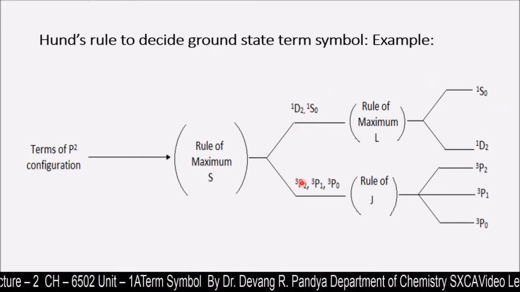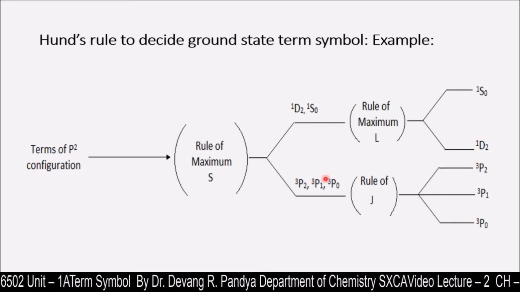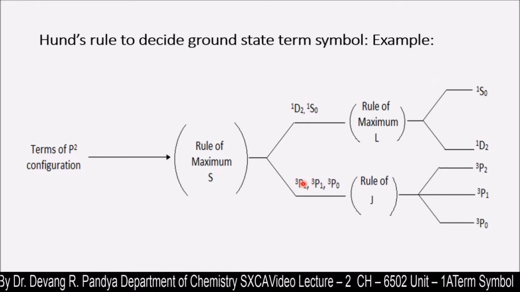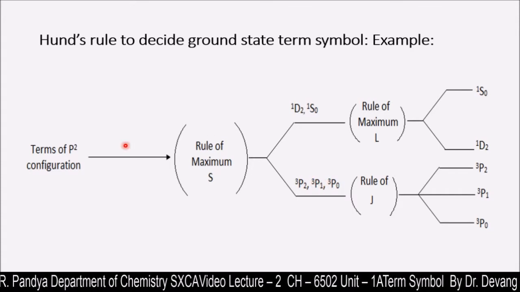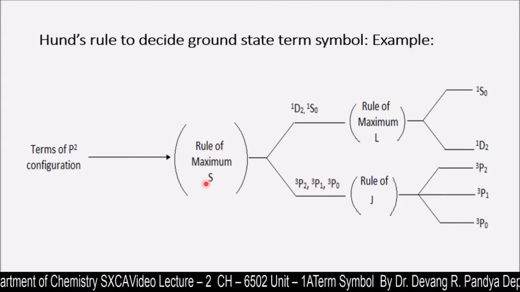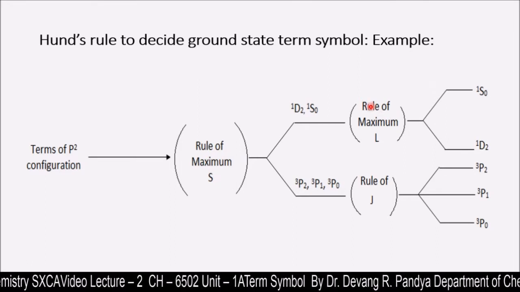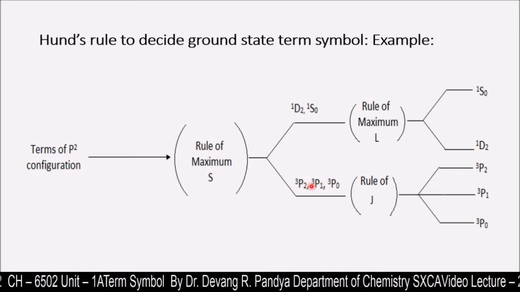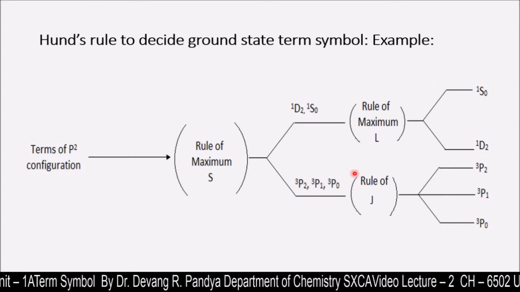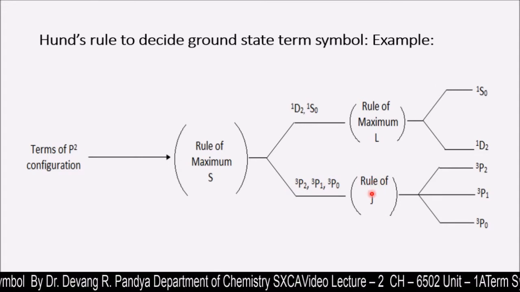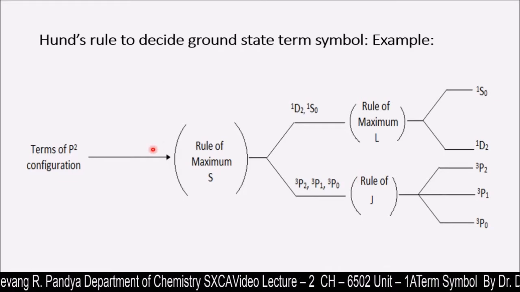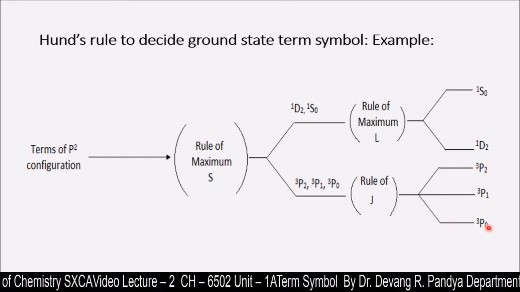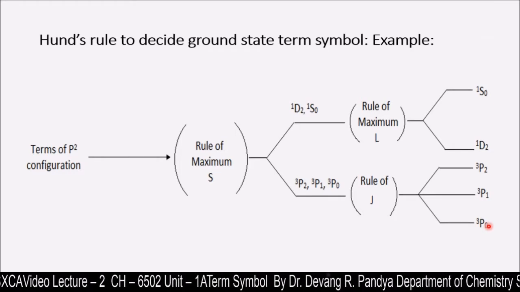Now here you can see spin multiplicities are similar, triplet, triplet, triplet, and even the terms are similar, P, P and P. So rule 1, that is of maximum S, and rule 2 of maximum L cannot be applicable to split these into three energy levels. For that we can take help of the rule of J, and because P2 configuration is less than half filled, lower value of J gives more stability.